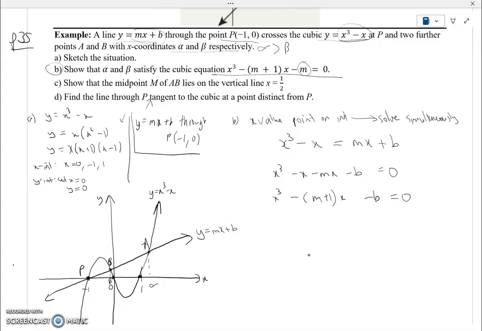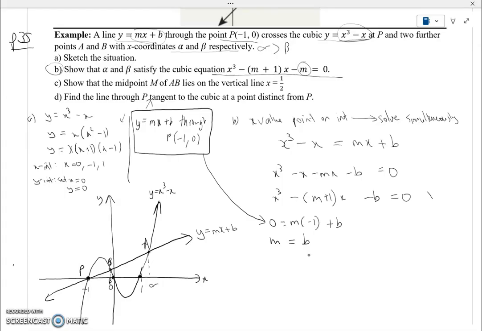So maybe what we need to consider is back to this equation with m and b. It goes through the point (-1, 0). So what does that mean? Well, if I sub in, I would get 0 equals m times -1 plus b, and m equals b from that.